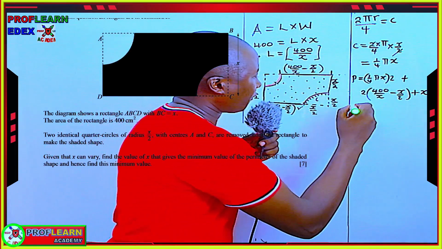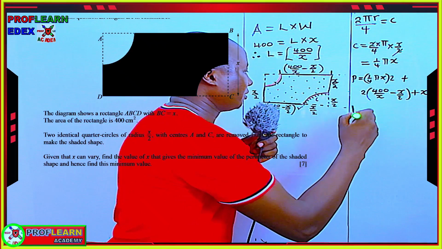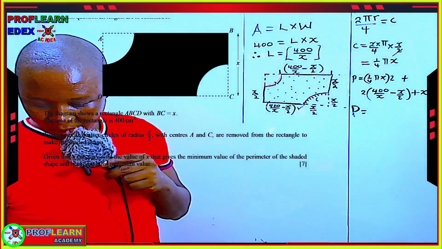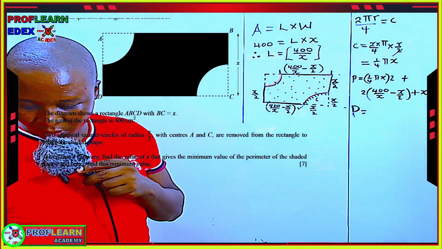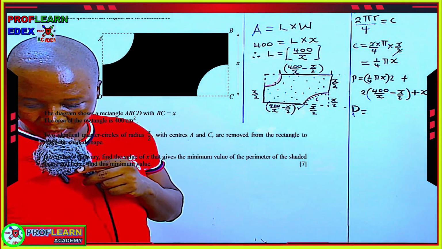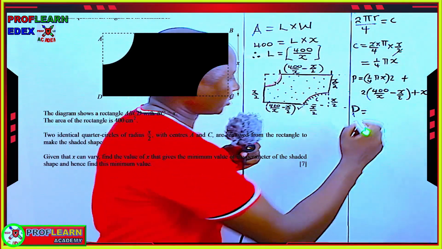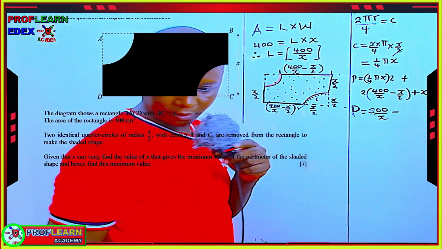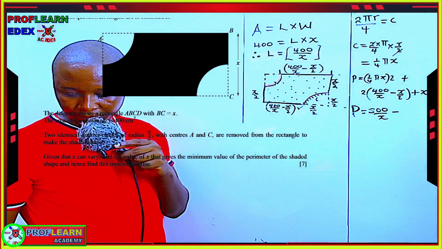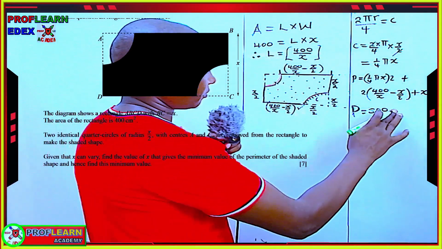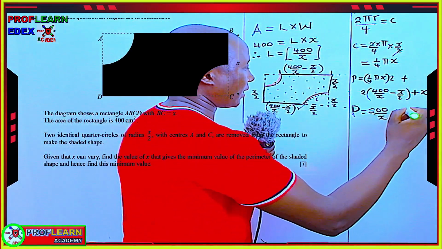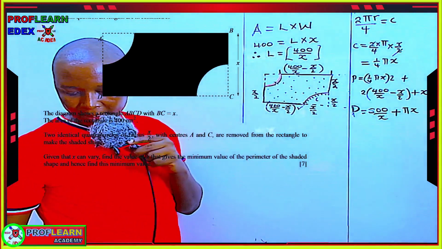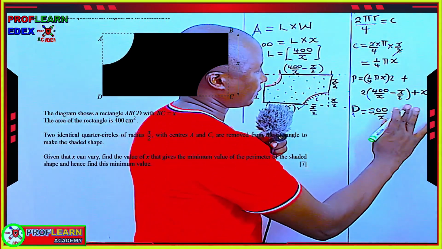So if we simplify this perimeter expression, it's going to reduce to 800 over x plus pi x over 2.